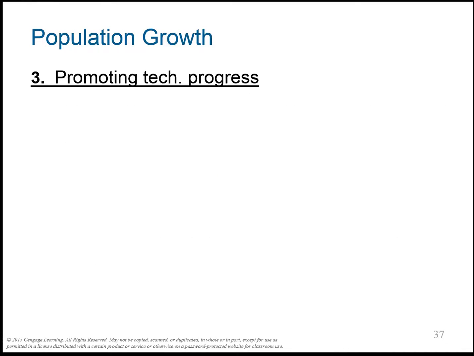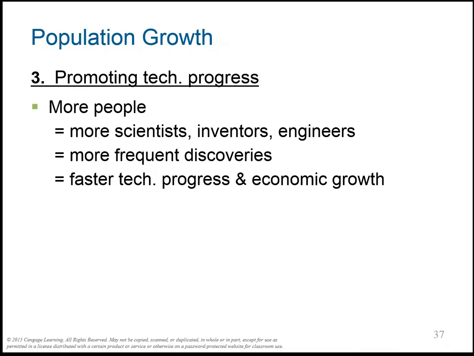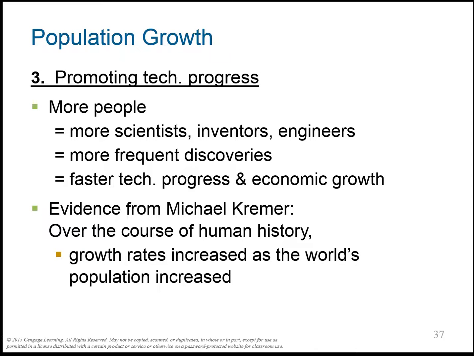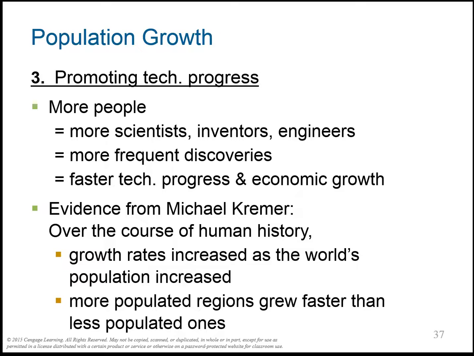However, there's a third way: when there are more people, you have more scientists, more discoveries, faster technological progress, and A goes up more. So it's unclear really what population growth does to Y over L. Michael Kremer thinks that growth rates have increased as the world's population increased, and more populated regions grew faster than less populated ones, right? So this is evidence that increasing labor, making L go higher, actually makes Y over L go up also.